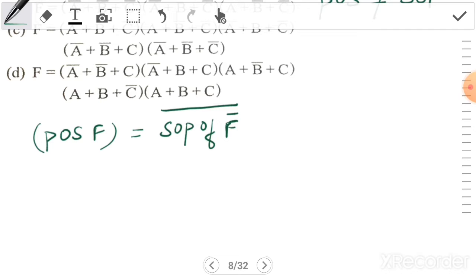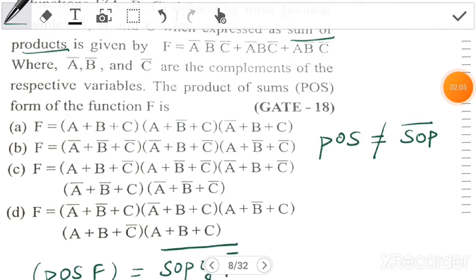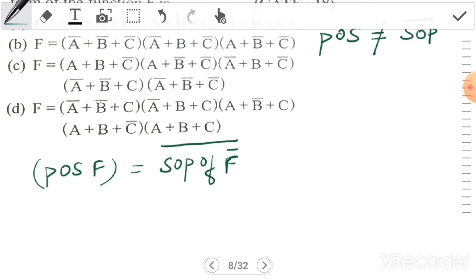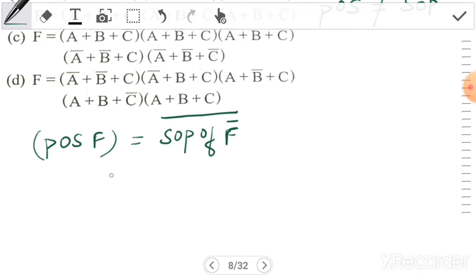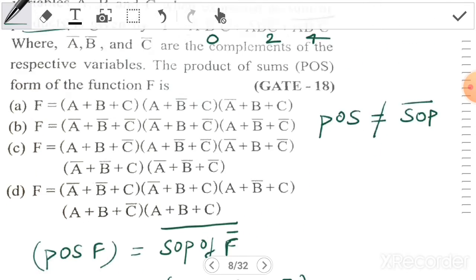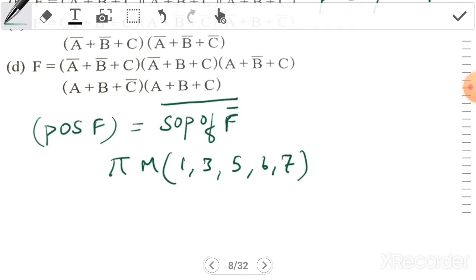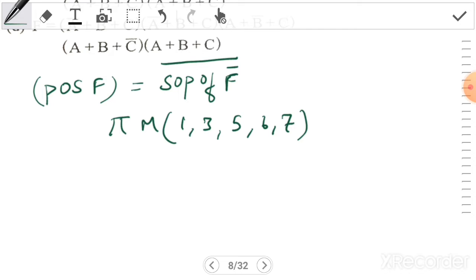So here A complement B complement C complement is 0. A complement B C complement is 2. And this is 4. So we need to find 1, 3, 5, 6 and 7. Yes? Okay.